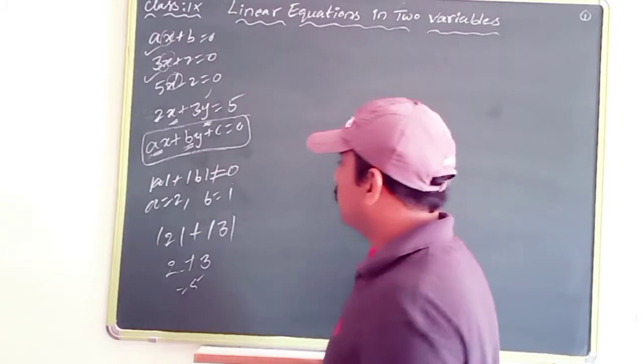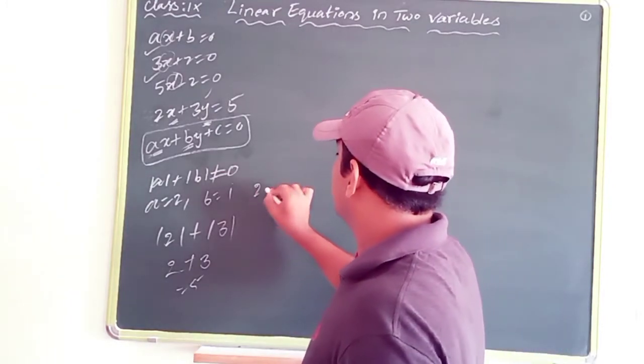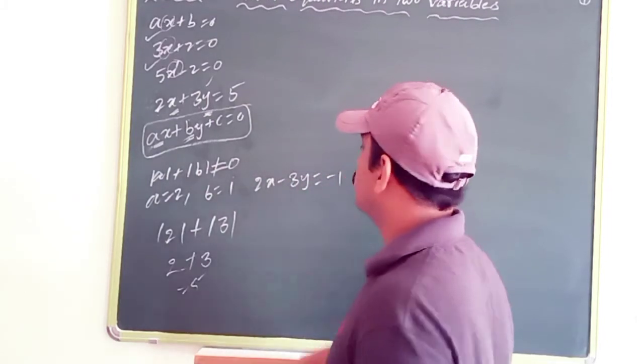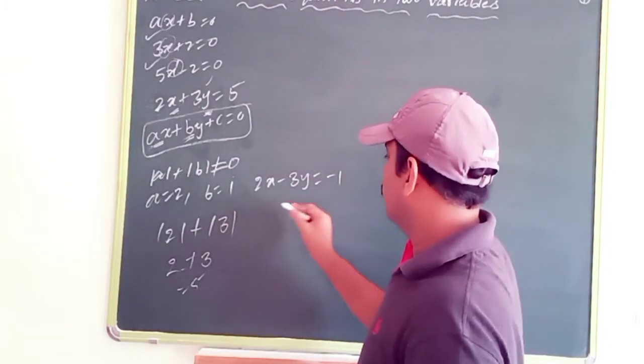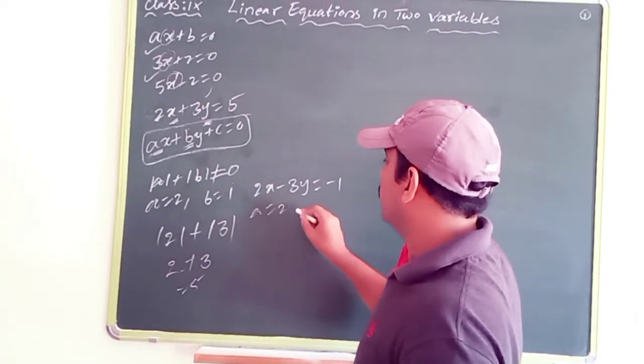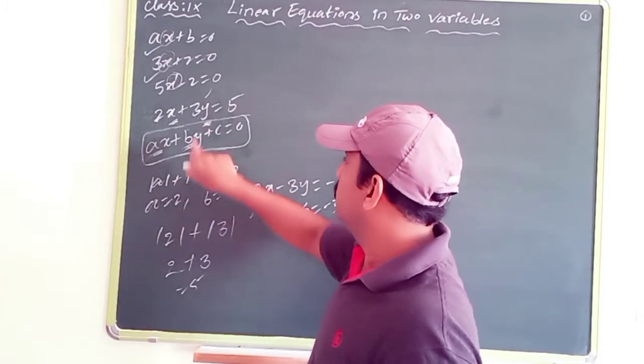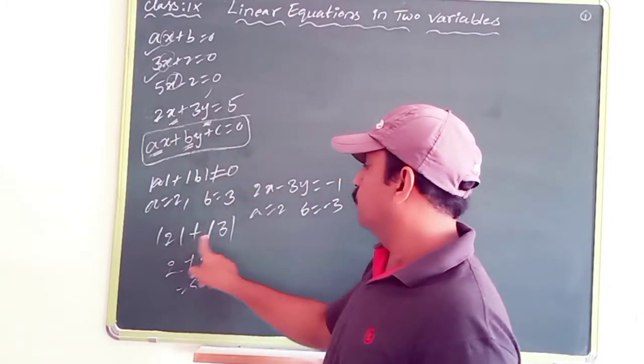Now I am going to take another example, that is 2x minus 3y equal to minus 1. I am taking one more equation. Now here a equal to 2, b equal to minus 3. Earlier b equal to 3, children, so 2 plus 3 equal to 5 we got.